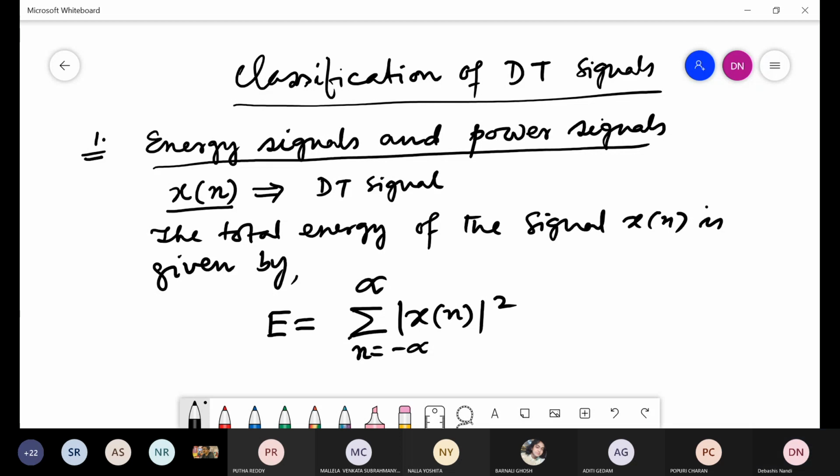So this is the definition of total energy. Suppose you have a discrete time signal which is like this. Suppose this is one sample, this is another sample, this is another sample, and this is another sample.